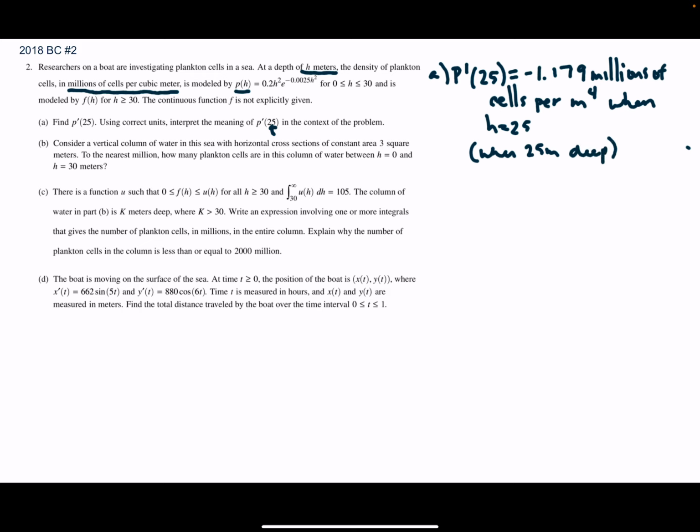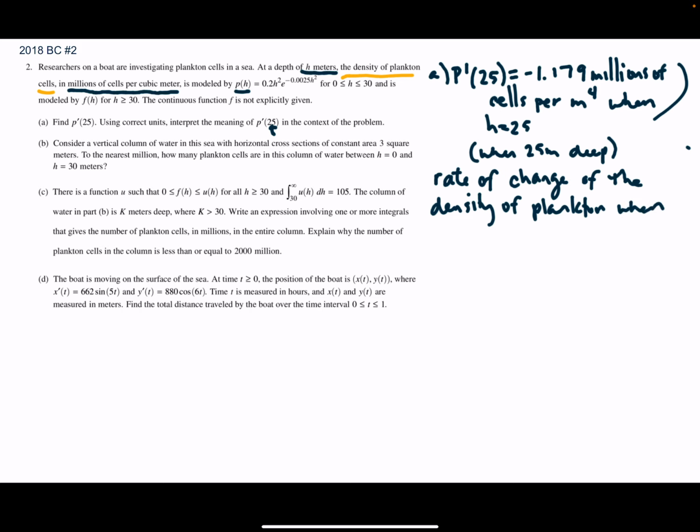The meaning of this is that it's a derivative, so it's the rate of change of whatever I took the derivative of, which is the density of the plankton cells. So it's the rate of change of the density of the plankton cells when H equals 25.